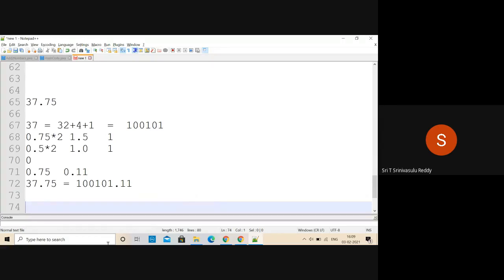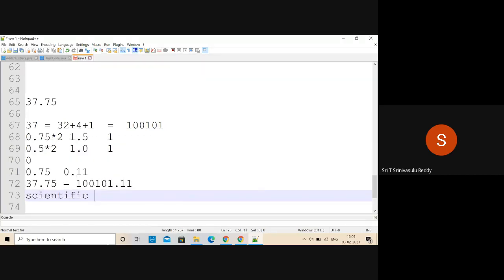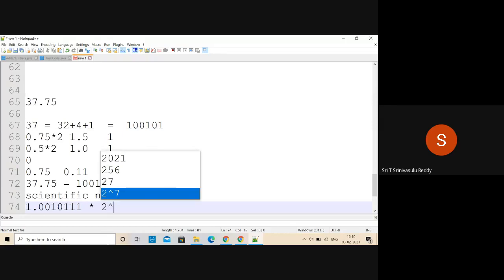Now the same thing is to be represented in scientific notation, in the form of 1 point something. So it is going to be 1.0010111 multiplied by 2 raised to the power of the number of positions we shifted the point. 1, 2, 3, 4, 5. 5 positions.